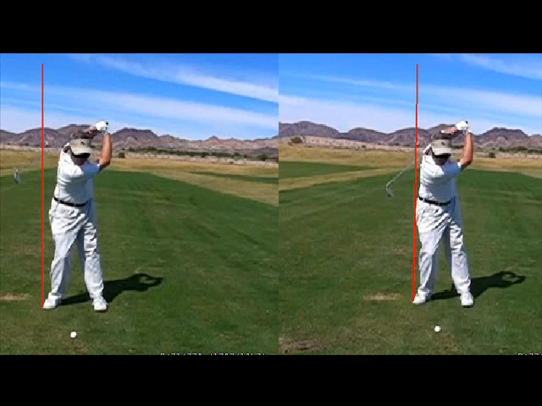John, I had just completed a review of your swing at the beginning of our session. Here is a side-by-side comparison of your swing at the beginning of the session and then the swing at the end of the session after we had made some adjustments. On the left here is your swing at the beginning of the session, and on the right toward the end of the session.